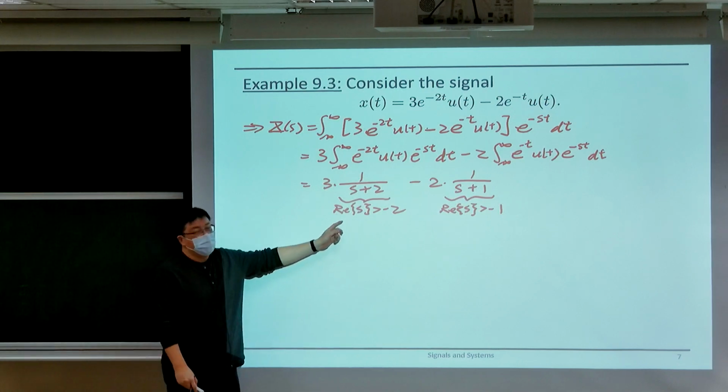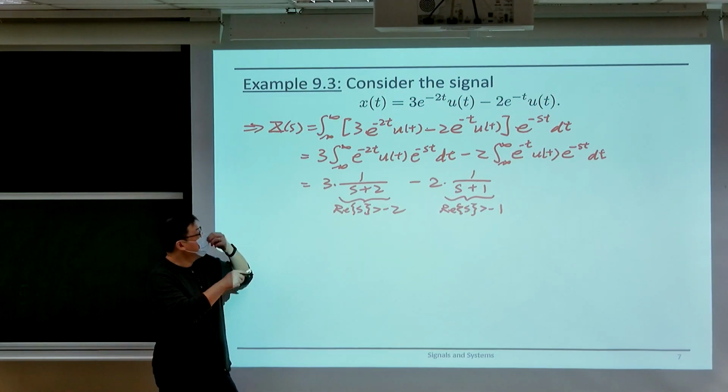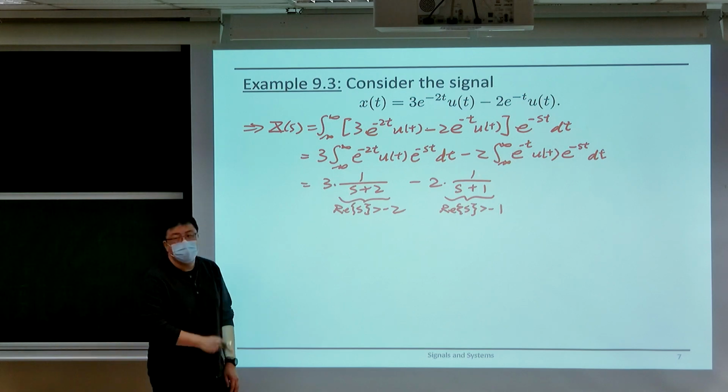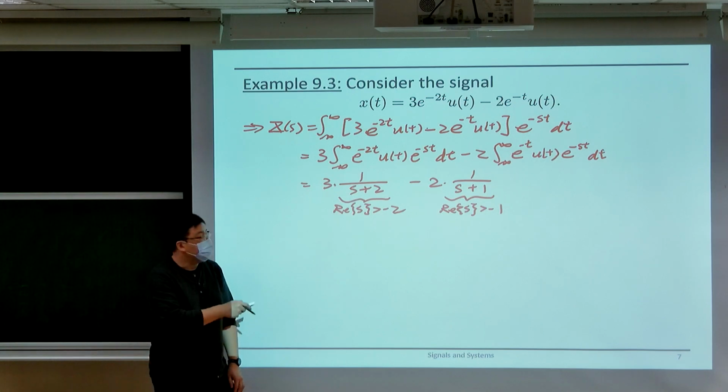Okay? So from example 9.1, we know that this integral will be equal to this if the real part of s is greater than minus 2. And this integral will be equal to this if the real part of s is greater than minus 1. But if you want both of them to hold, then you need to take the intersection of these two cases, which is actually this right condition here.